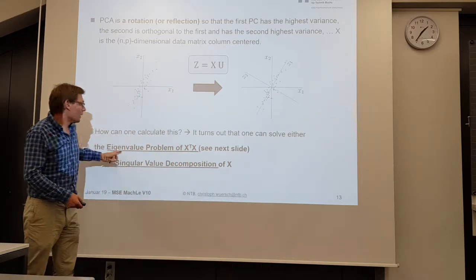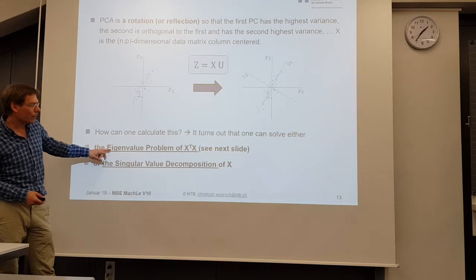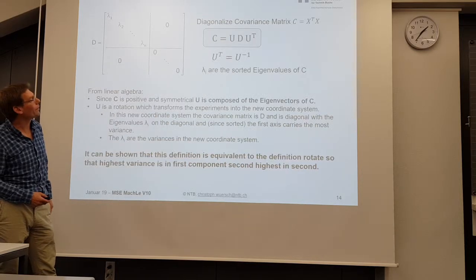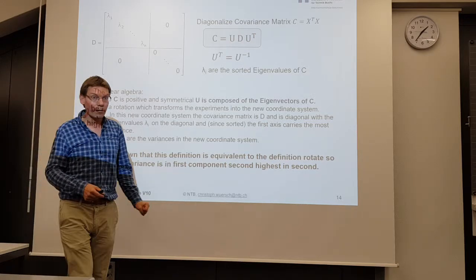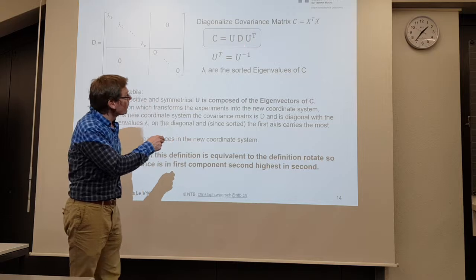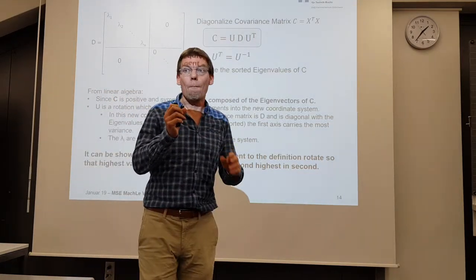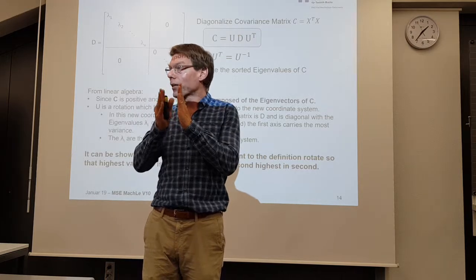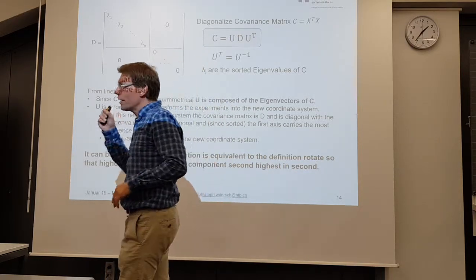Okay. Why does it lead here to an eigenvalue problem? We come to it, like here. So our goal is actually to diagonalize the covariance matrix XTX. And this U here is a matrix which is built out of the eigenvectors of this matrix XTX.